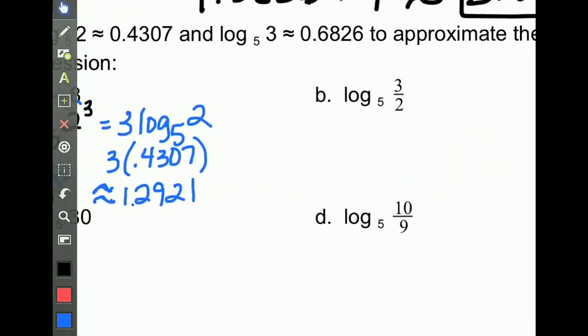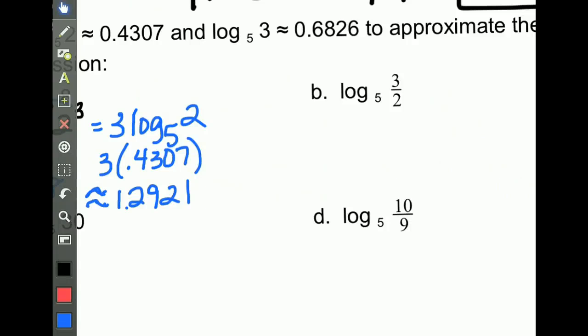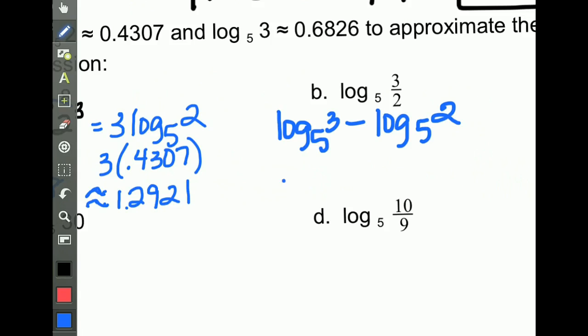Okay, B. This is a quotient. I've got a fraction going on, which tells me division. So the way I expand that is going to be log base 5 of 3 minus the log base 5 of 2. I have values for both of those. I have 0.6826 minus 0.4307.